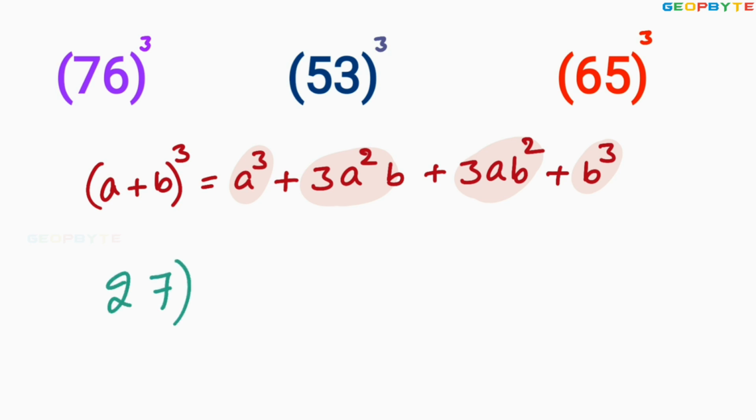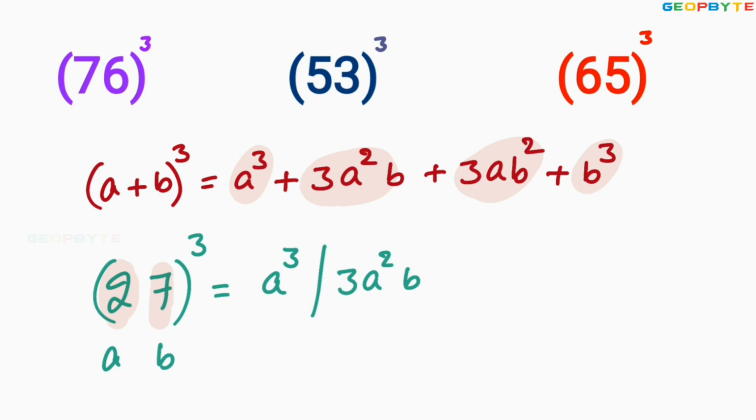Let it be 27 whole cube. In this 27, you assume 2 as A and 7 as B. Then the formula you need to remember is A cube, 3A square B, 3AB square, B cube.